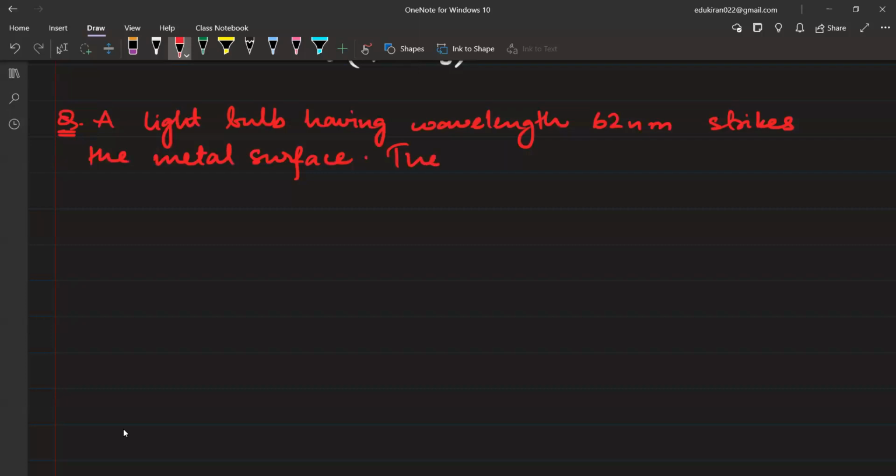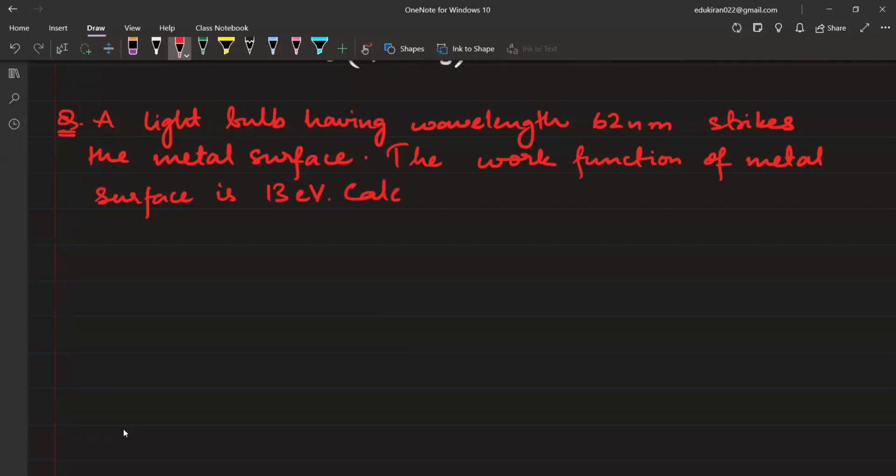The work function of the metal surface is 13 electron volt. Calculate the kinetic energy of electron ejected.